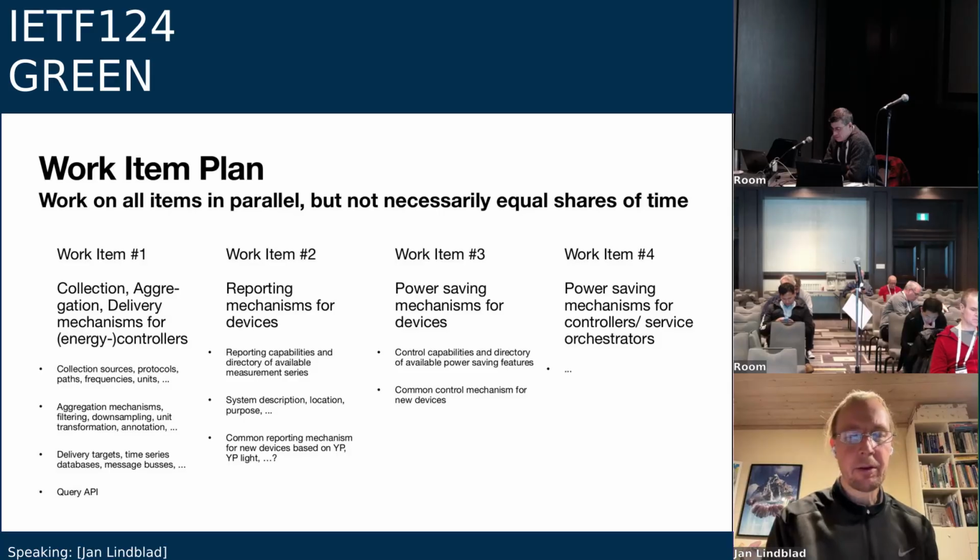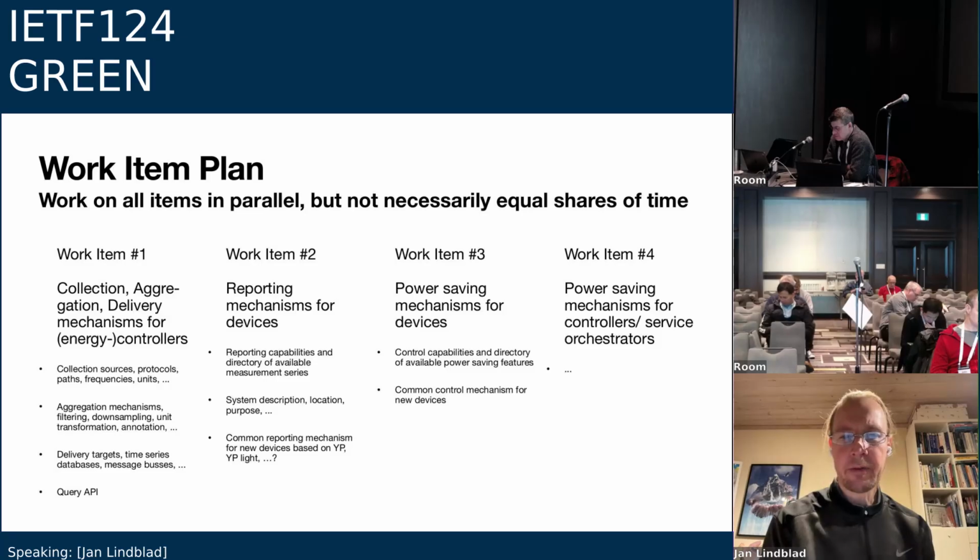I should say that most devices in the network already have some sort of reporting mechanism on the device level today, and we need to be able to interface with all of those. But of course, we should also build the new standard for what that should look like for newer devices. But work items 1, 3, and 4 cannot depend entirely on the work going on in work item 2.